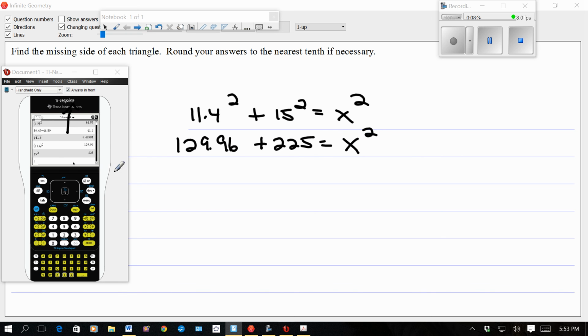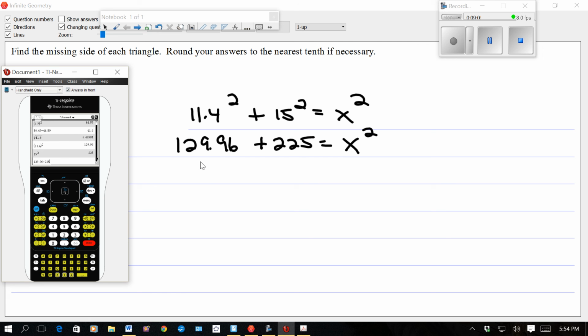Add them up. Now, let me show you something cool on your calculator. If I want to add these two numbers, I have them right here on my calculator. So I'm going to move up until I get to the first one, hit enter, and it's there on the line. I'm going to add here, and go back up and get the 225, hitting enter, and then I have the two numbers added together.